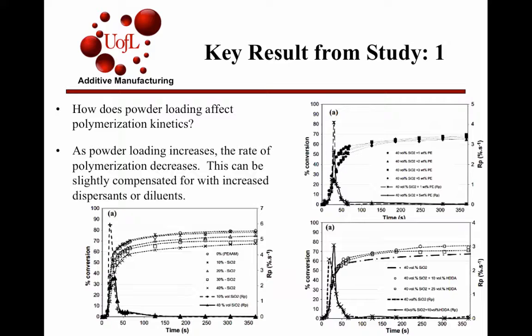After that study, they decided to stick with the 40% silica, even though it had the lowest amount of percent conversion. And then they varied the amount of the PE, which is used as a dispersant, to see how that can affect that heavy dose of silica.